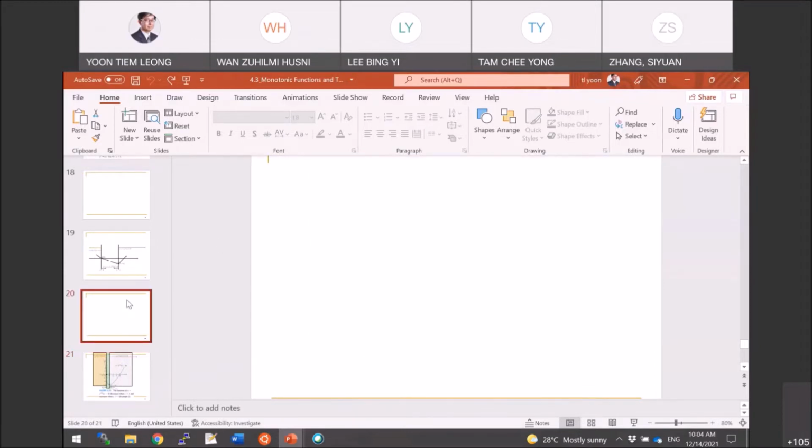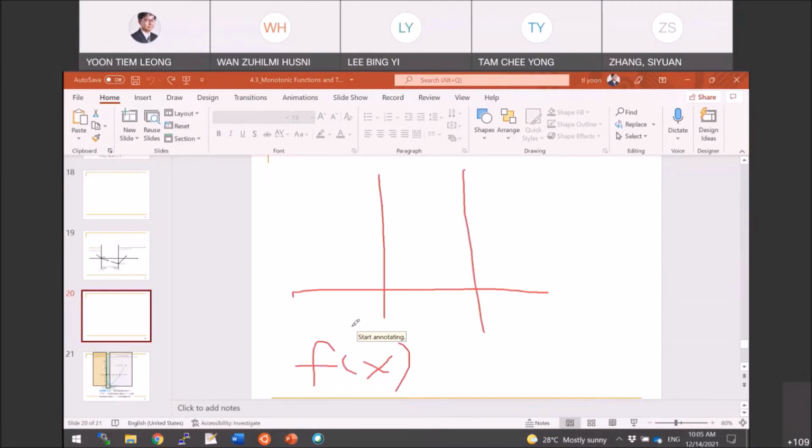So basically, let me see if I can draw on this. Just a quick recap of what we did yesterday. If you have a graph of a function like this, and you are given a function f(x), then what you do is you calculate the critical points, then you mark the critical points on the graph at, say, x1, x2.